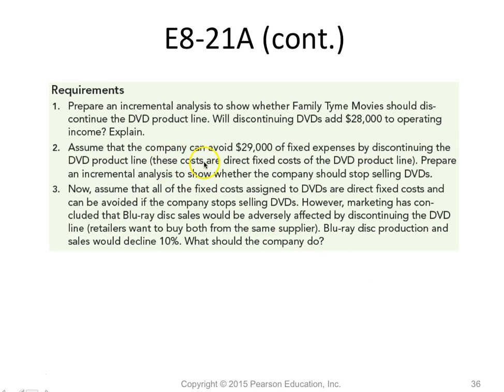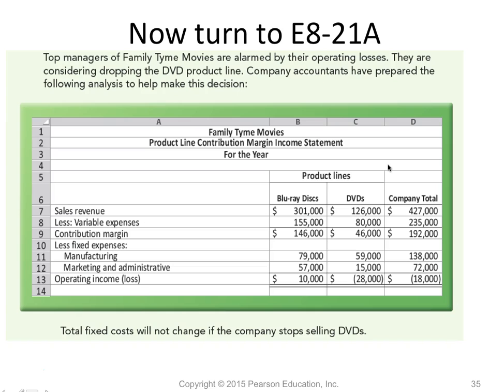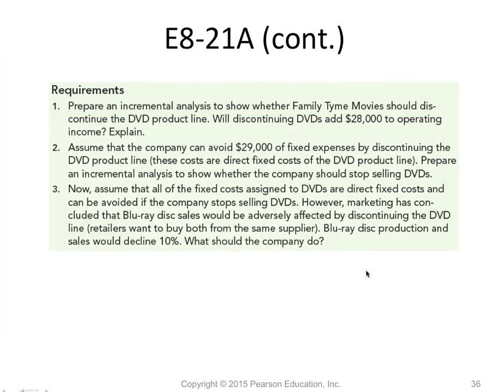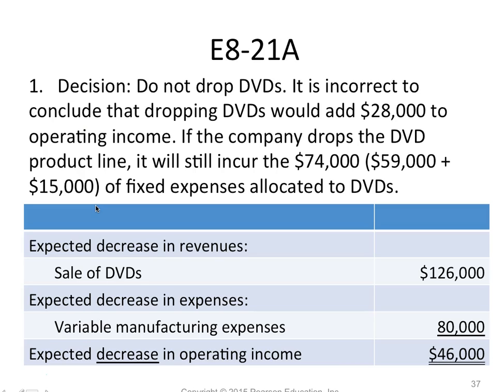Assume that a company can avoid $29,000 of fixed expenses by discontinuing DVD product line. What's 29? Oh, can avoid. So let's just assume they are going to avoid that. So prepare an incremental analysis to show whether the company should stop selling DVD. And 3. So let's do one by one.